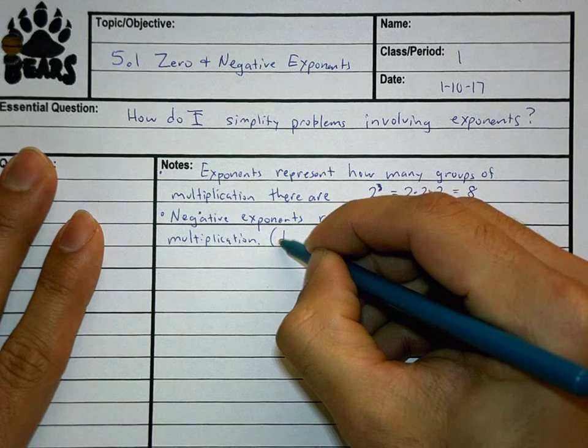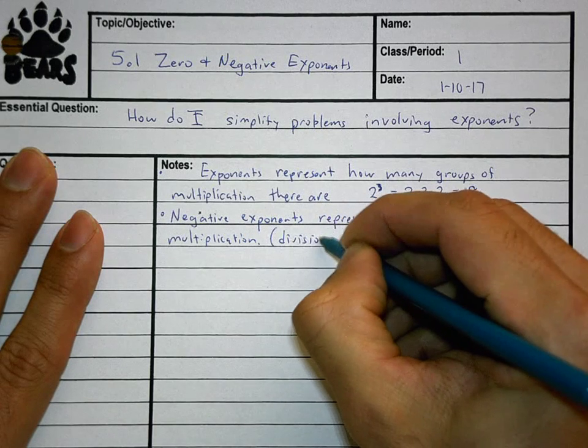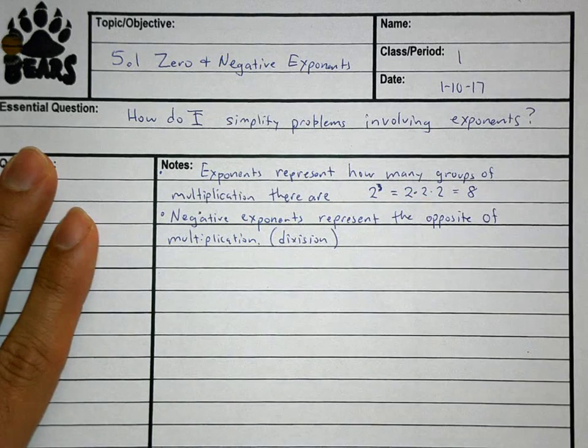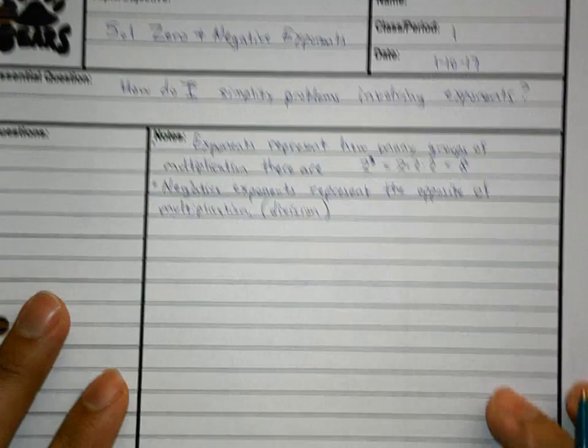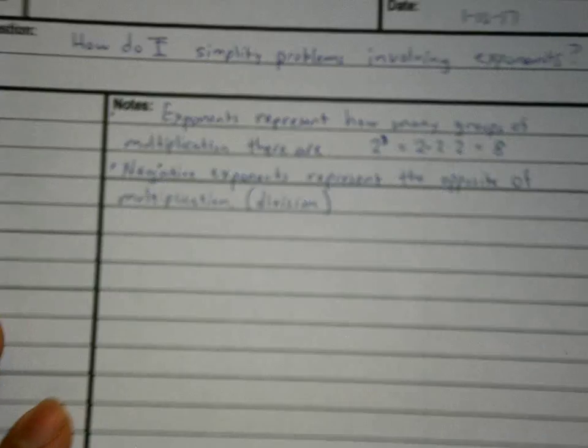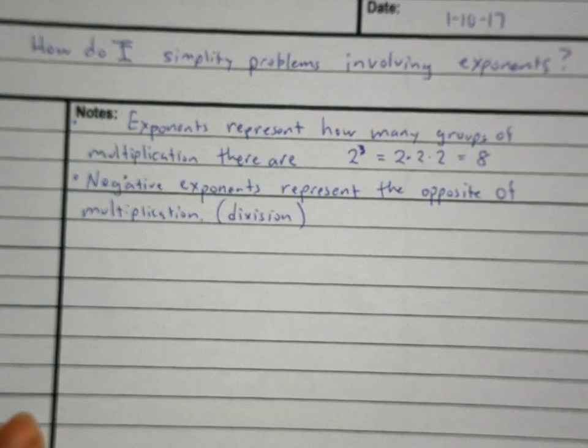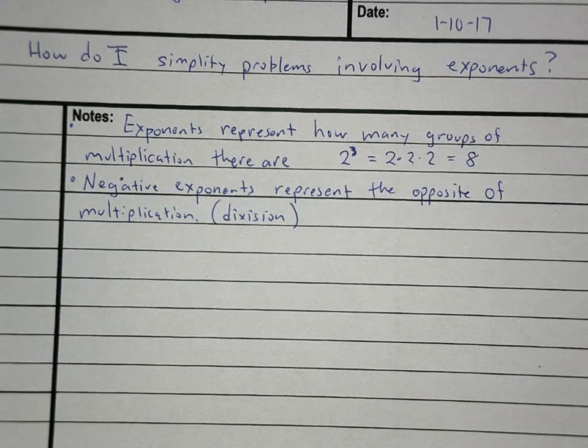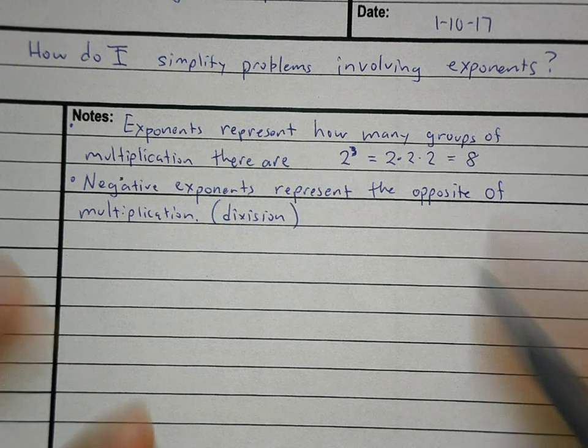And so I'll put in parentheses division. Let me zoom in a little bit more on that so you can see a little bit better. Negative exponents represent the opposite of multiplication.